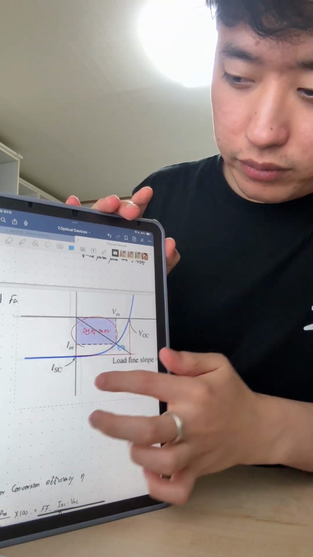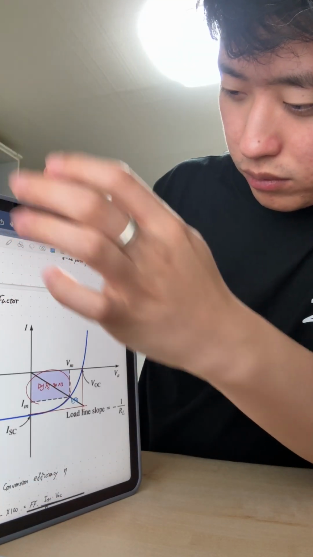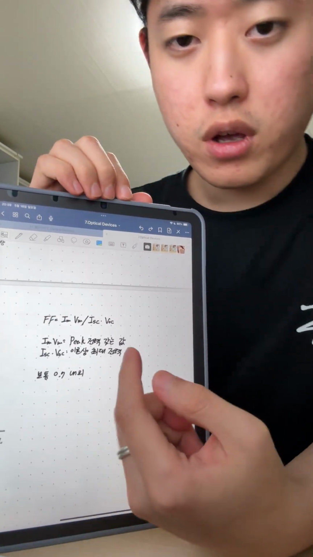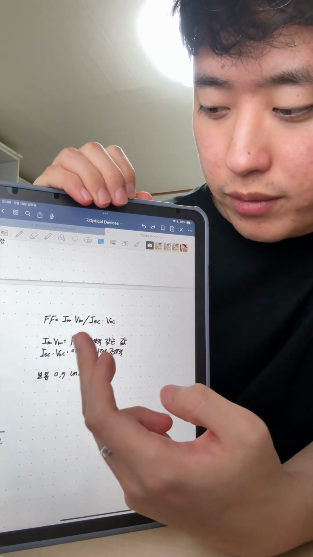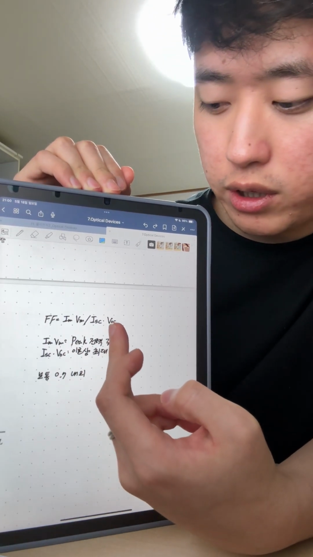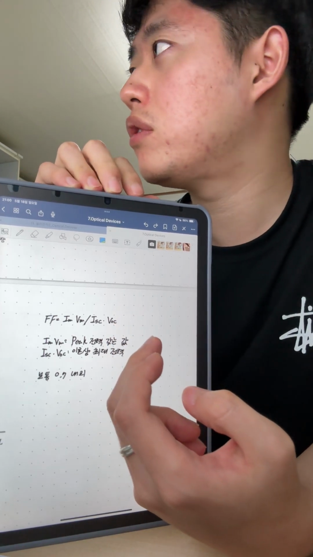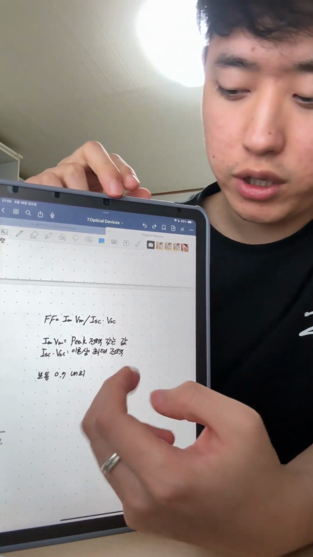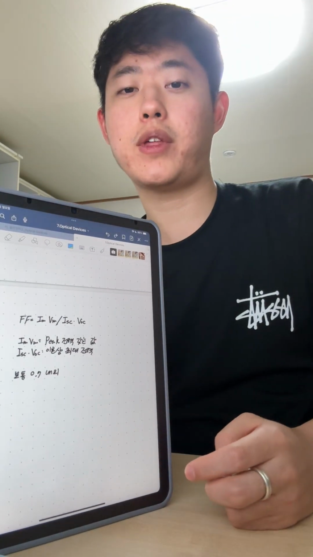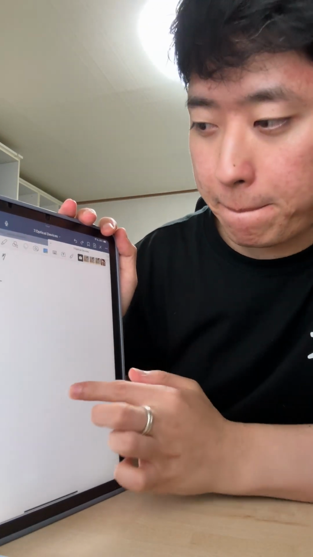So the fill factor is I max V max over short circuit current and open circuit voltage, and it will be something like 0.7.